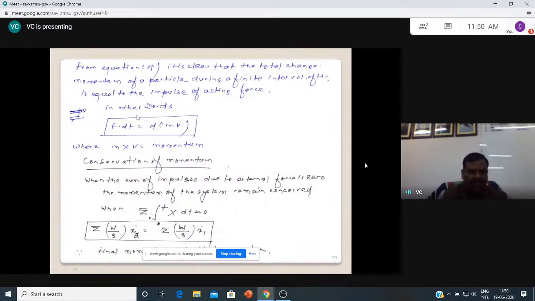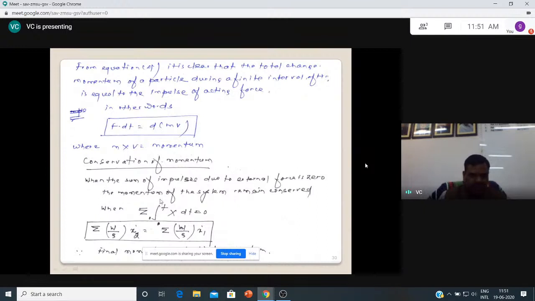Let us assume that there is no gain or loss in the system, an ideal system, during a finite interval of time. It is equal to the impulse force acting. If equal and opposite impulse forces act, let us assume they cancel each other. Then it is 0 and momentum is conserved. d(mv) equal to 0 means mv is constant.